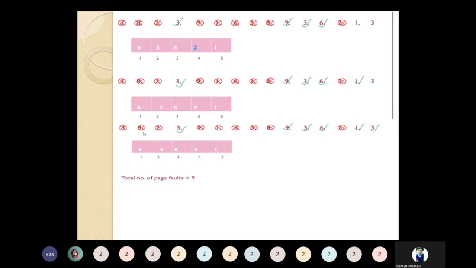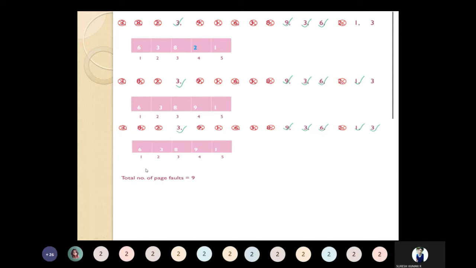Red column. So this is a page fault, when we replace with the old one. We have two choices there: when we first insert and when we replace with the new one, that's called a page fault.